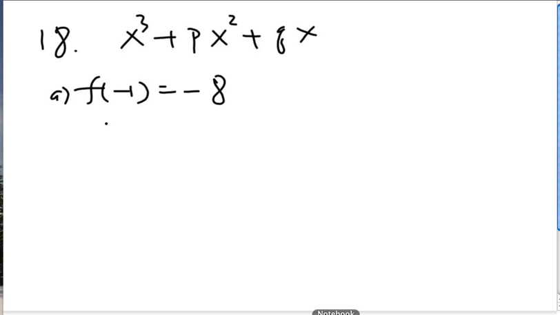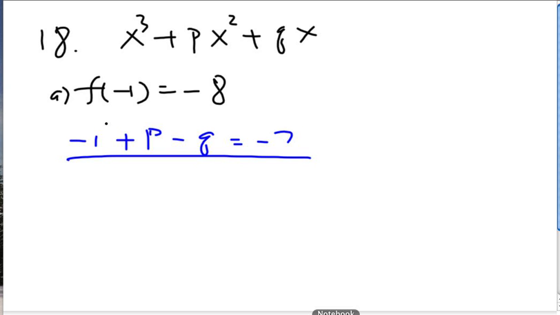So we plug the value -1 into the function: -1 plus p minus q equals -7. This is the first equation.